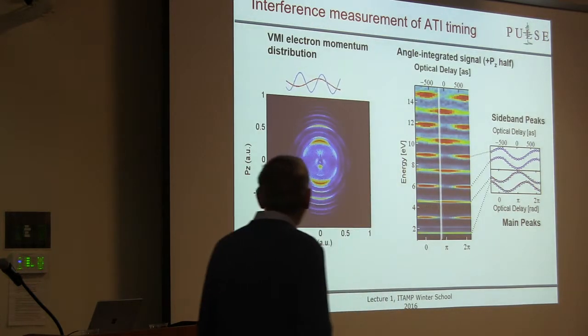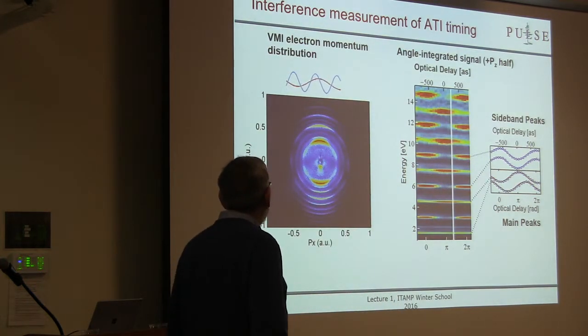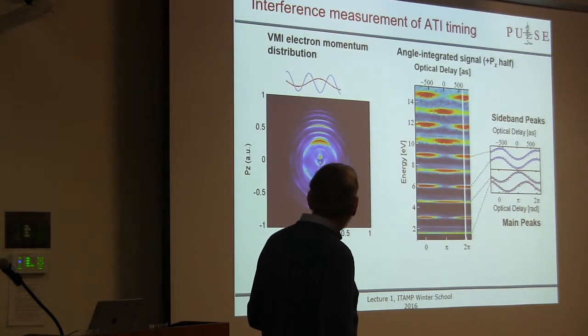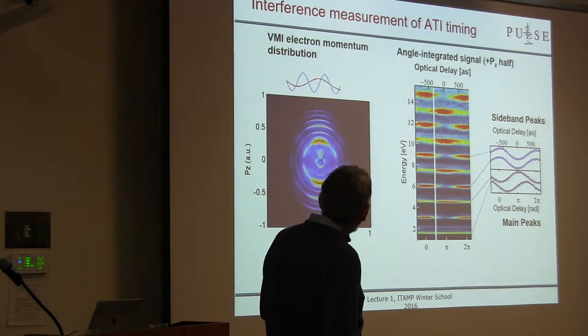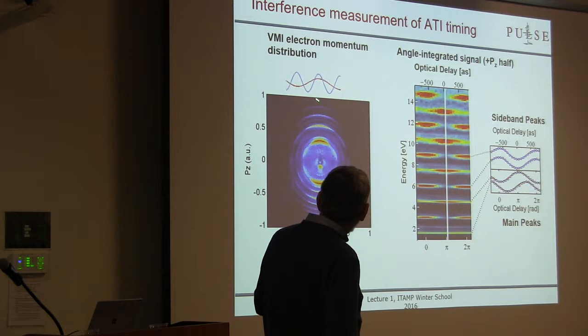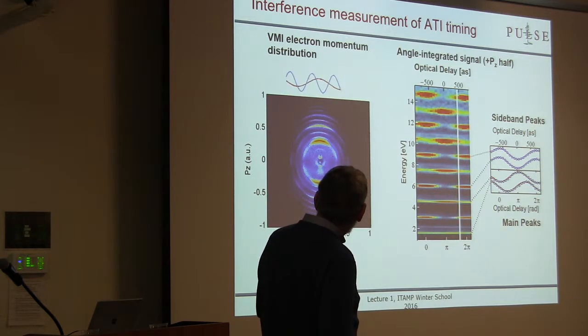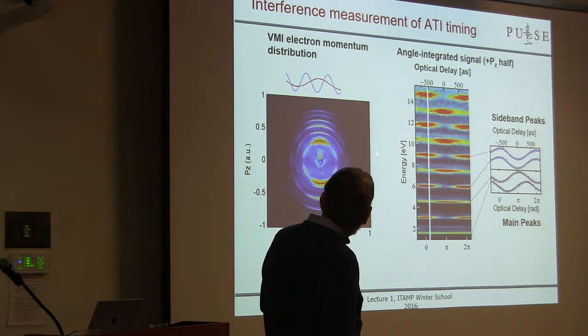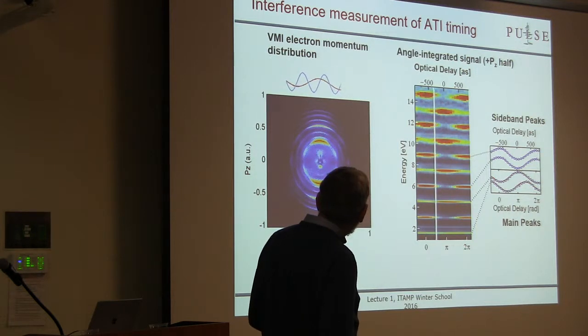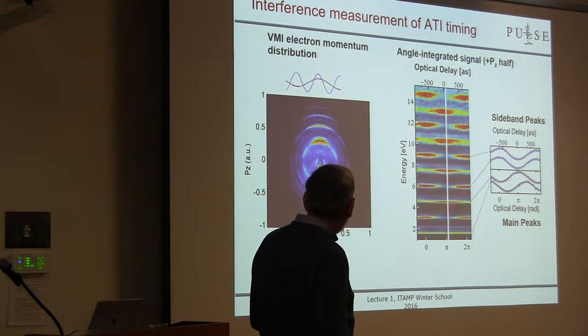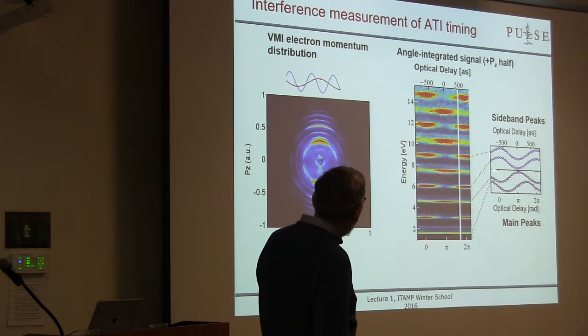Okay, here's the data again. This is shown in a slightly different view. And what we've done is taken this apart by integrating over this half circle and asking when does the current come out here, and integrating over this half circle and asking when does the current come out here. And we can plot those as a function of time.